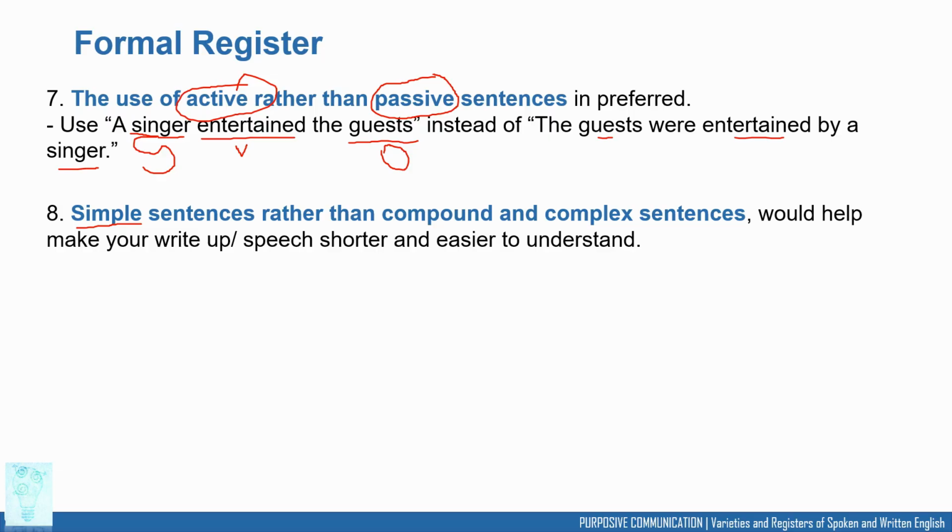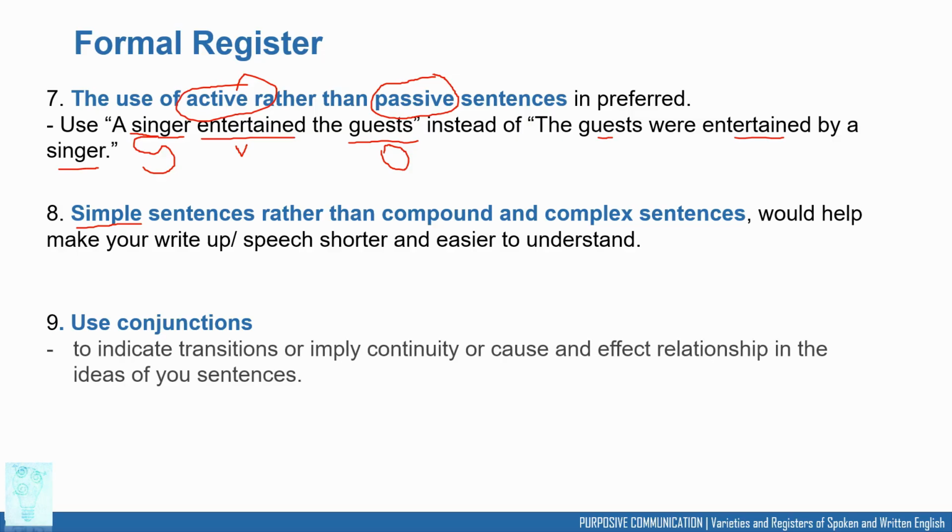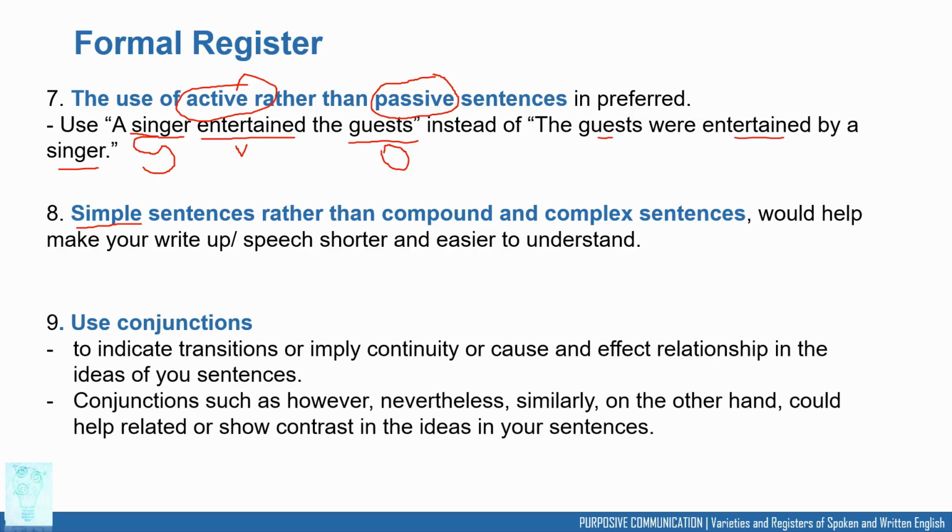Okay, number nine, use conjunctions. What are conjunctions? Conjunctions such as however, nevertheless, similarly, on the other hand, could help relate or show contrasts in the ideas in your sentences. So to indicate transitions or imply continuity or cause and effect relationship in ideas of your sentences, use conjunctions.